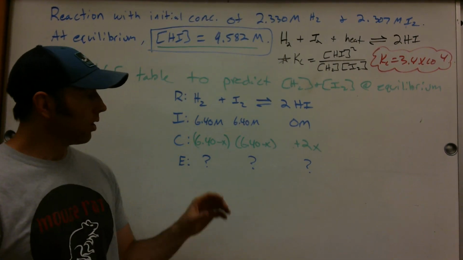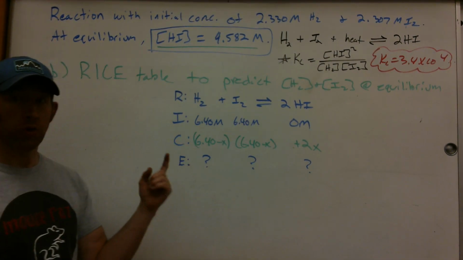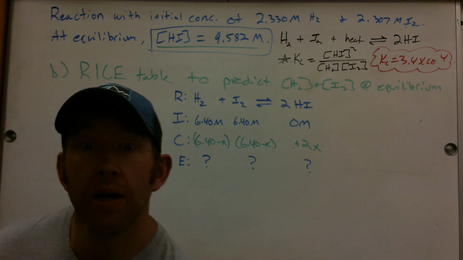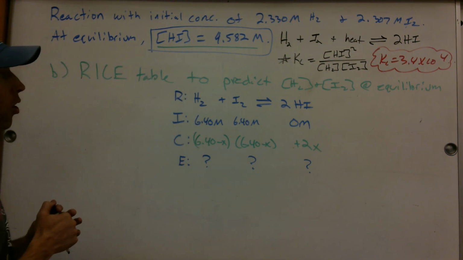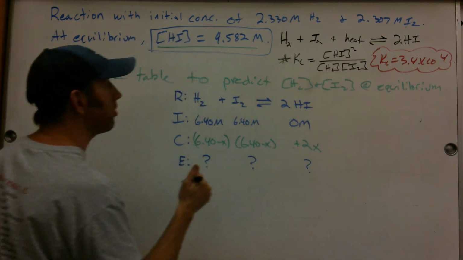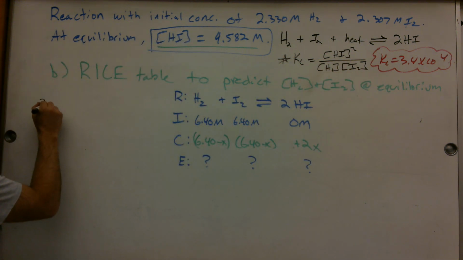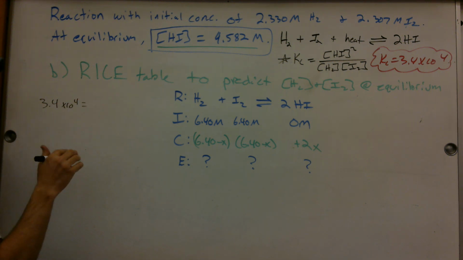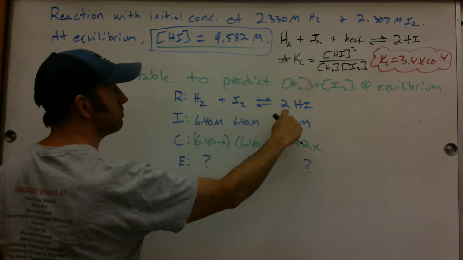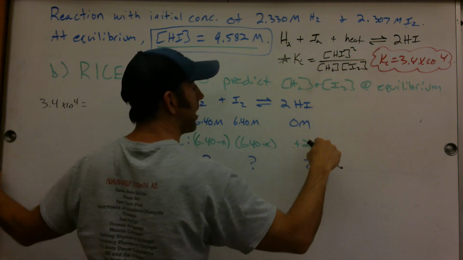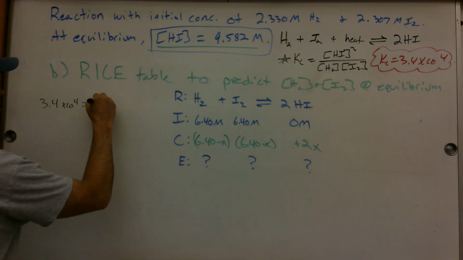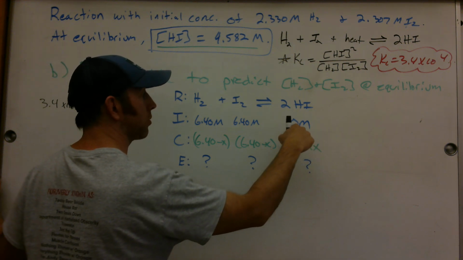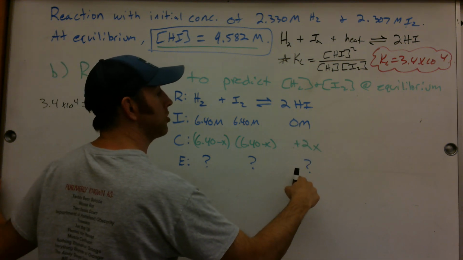All right, so I'll pause so I can condense this down so I actually have space to write here, okay? But again, right back to where we left off. If I know my equilibrium constant, 3.4 times 10 to the 4th, and I'm going to express my molarity of HI as 2x, because the 0 plus 2x will be equal to 2x.